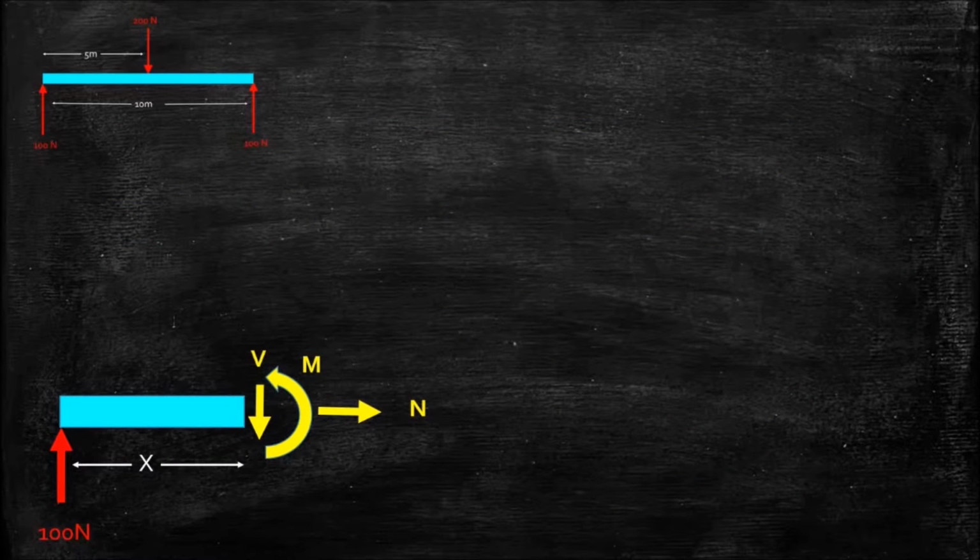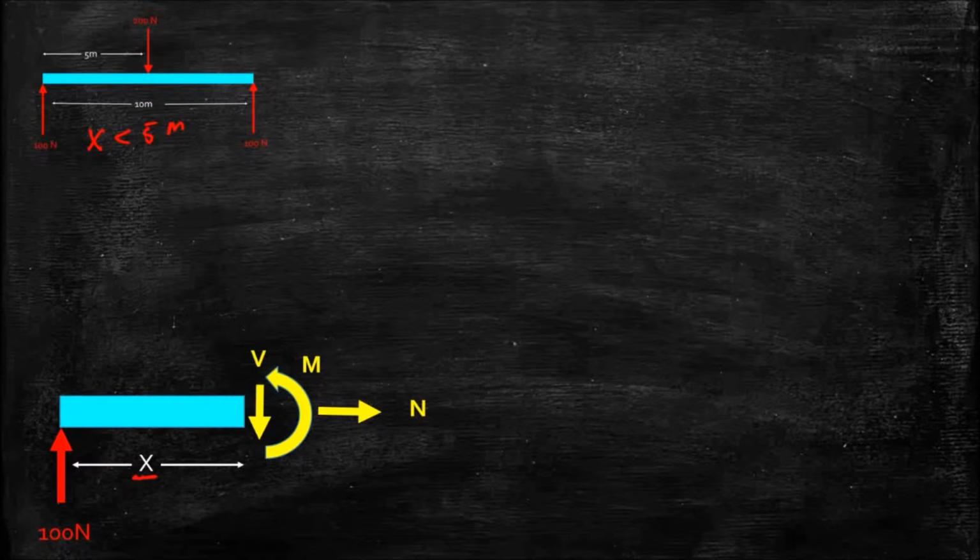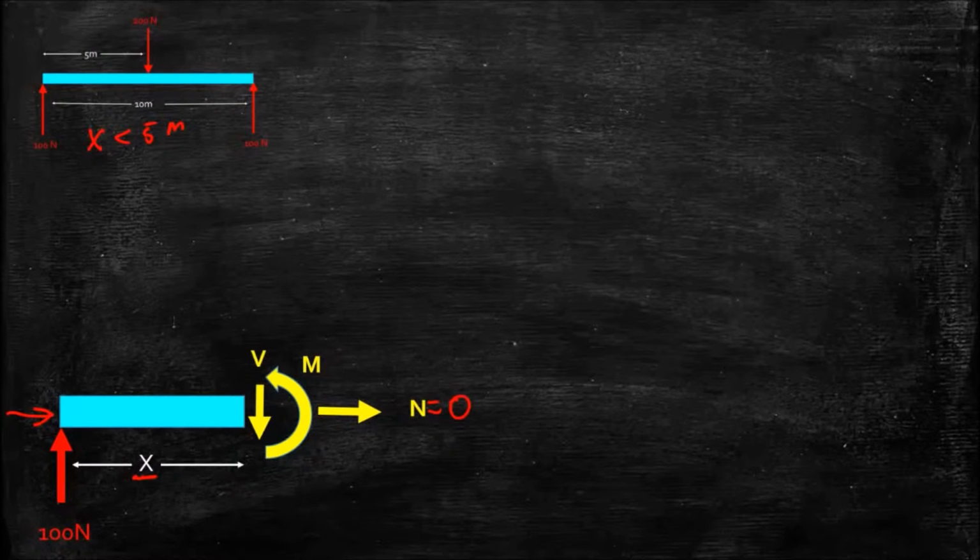Here we have a section of the beam to the left of the applied force. So this x right here is less than 5 meters. And we can find out what the forces are through our equations of equilibrium. By inspection, I see there is no applied force in the x direction here, so I can determine that the normal force is equal to 0 in this case.